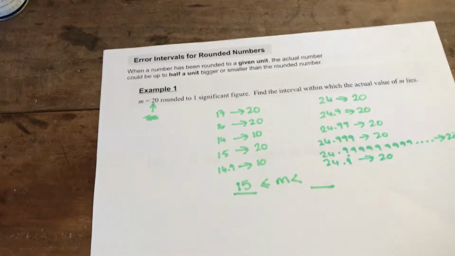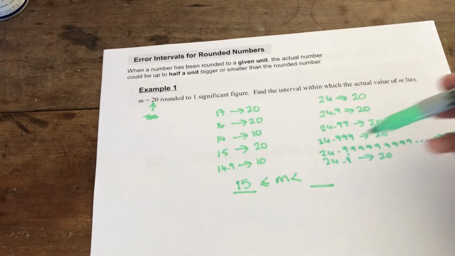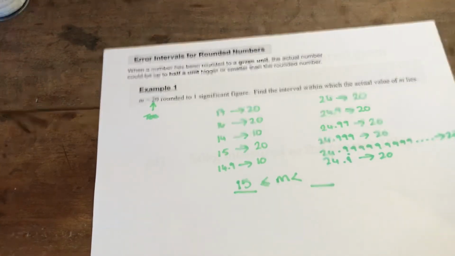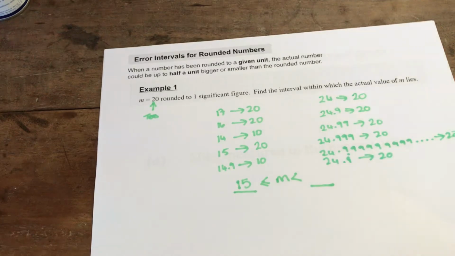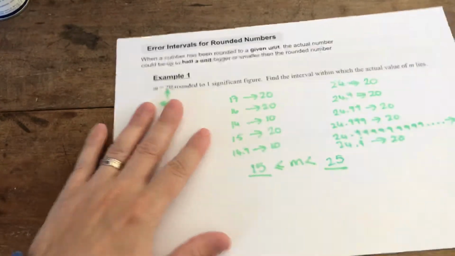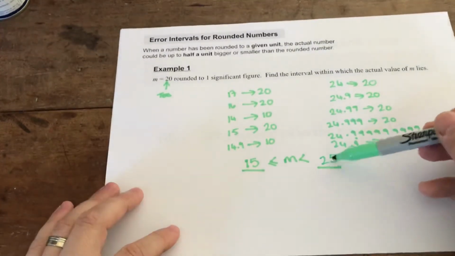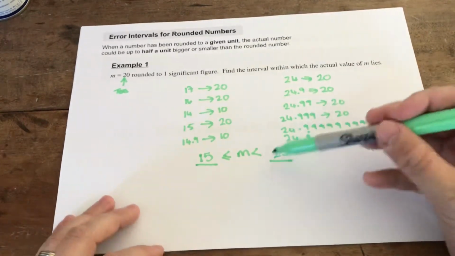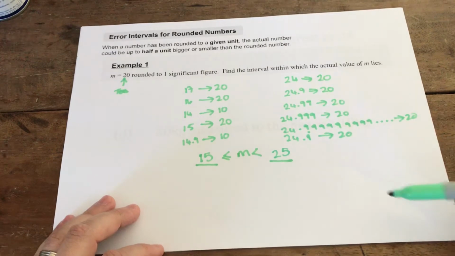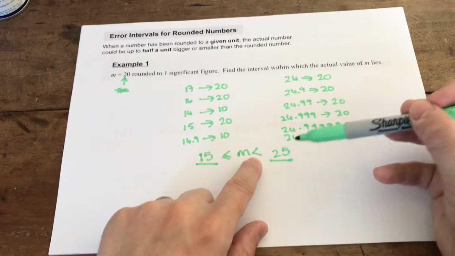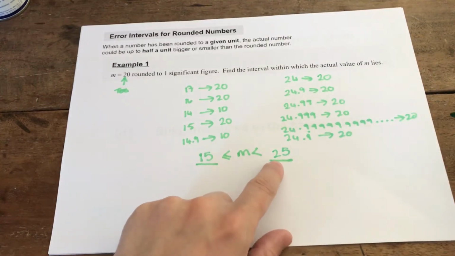Now, notice I said I was going to come back to why it didn't have an equal sign on. It doesn't have an equal sign on because when you get your numbers so big that it's 24.9 recurring, we're going to just say that that number there is 25, but it can't be equal to 25. We don't want to write 24.9 recurring there, so we say that it is 25, and that's why we don't have an equal sign on, because that number is less than 25.